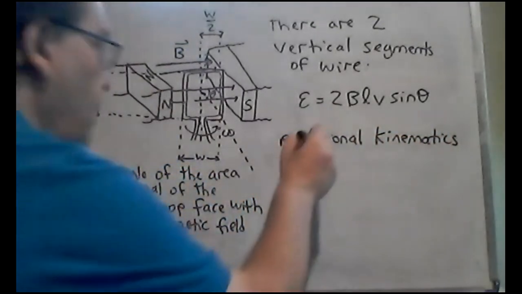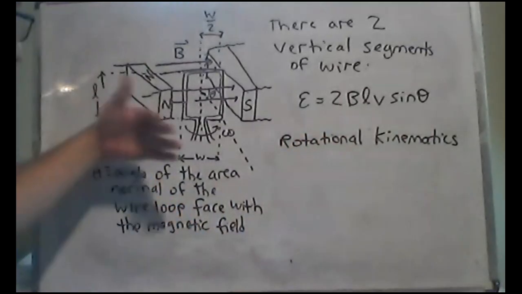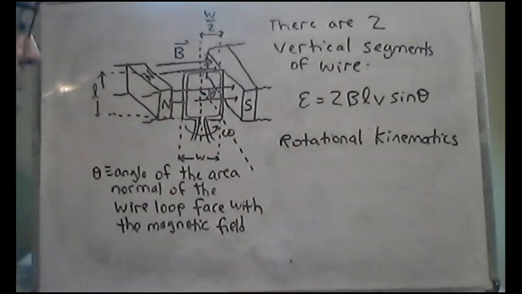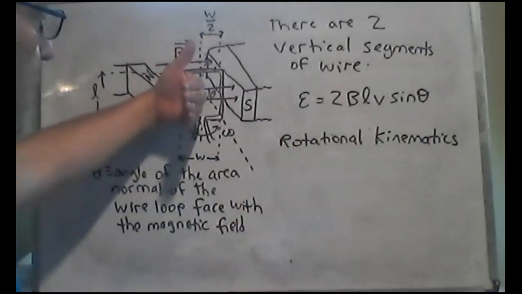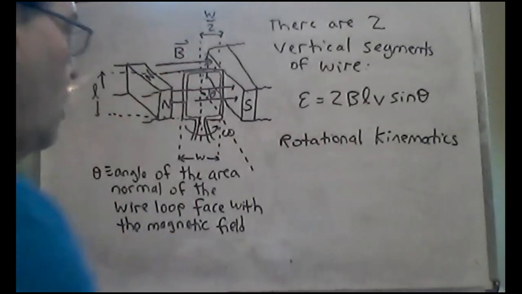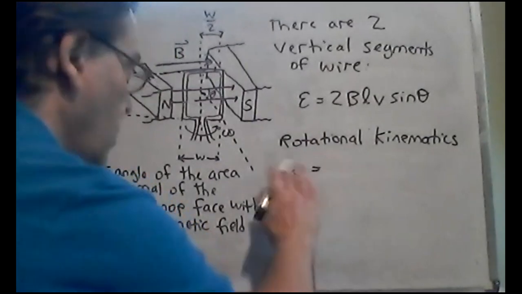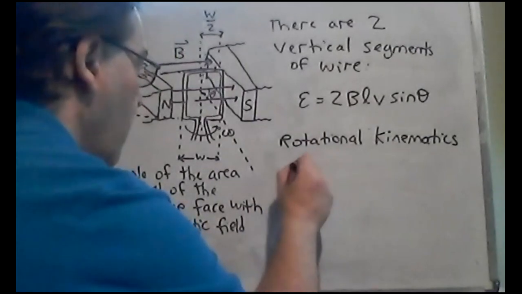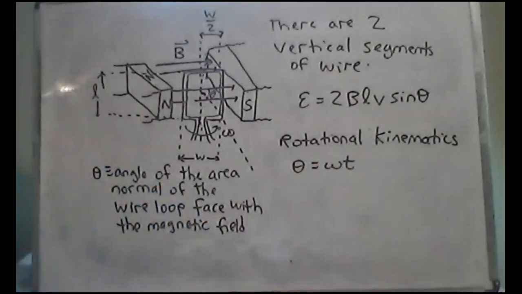It's going to be simple because there's going to be no angular acceleration. If I have an angular velocity omega, and I'm subtending an angle theta, basically the angle theta is the angle between the normal and the magnetic field. Well, that's going to be done at a constant rate. Theta equals omega t. That's my d equals vt for rotations.